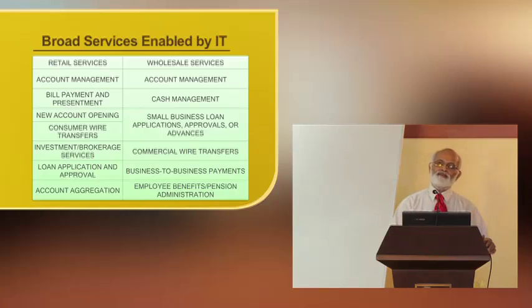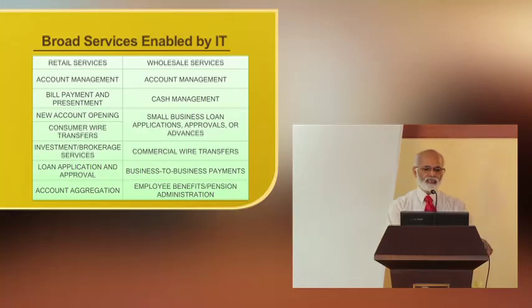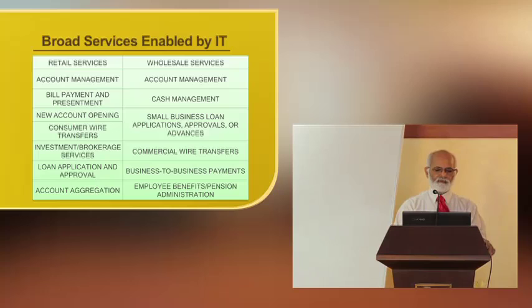Okay, what services do we offer? A broad list of IT-enabled services offered by a bank or financial institution is given here, which can be categorized into retail services and wholesale services. Under retail services: account management, bill payment and presentment, new account opening, consumer wire transfers.